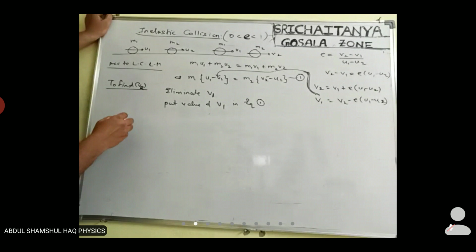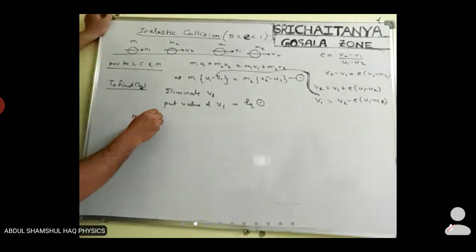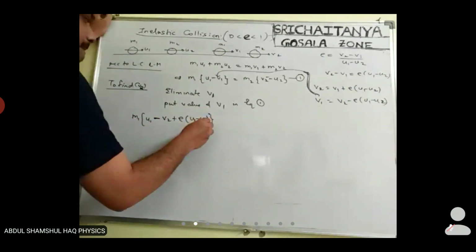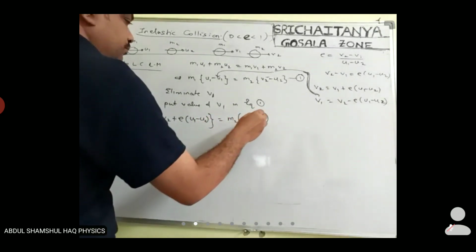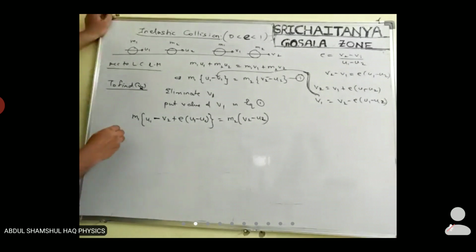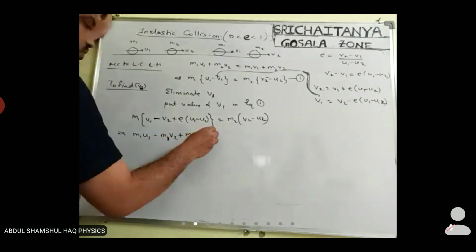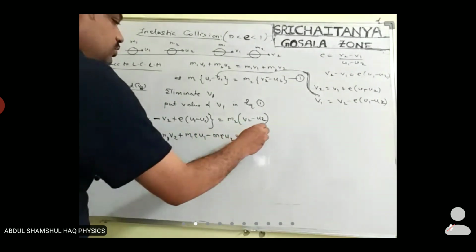Now in this case, M1 into (U1 minus V1 value minus V2) plus E into (V2 minus V2). So this implies M1 U1 minus M1 V2 plus M1 E V1 minus M1 E V2 equals M2 V2 minus M2 V2.